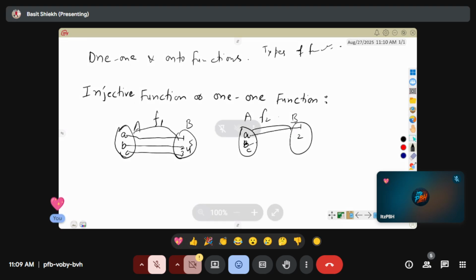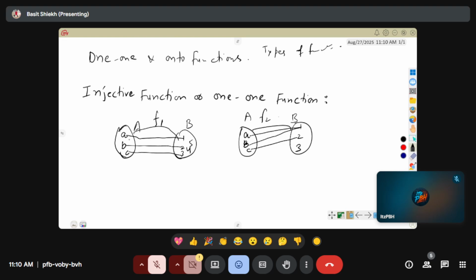Now consider these two functions: first f1 from set A to set B, second f2 from set A to set B. Let's say here was 3.